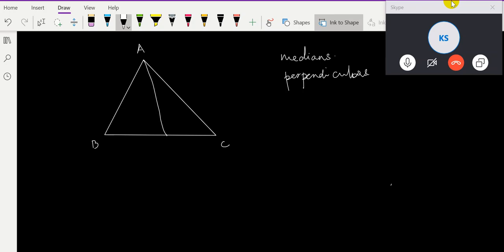If suppose D is my midpoint of BC, the line that joins A and D will be one of the medians of triangle ABC.